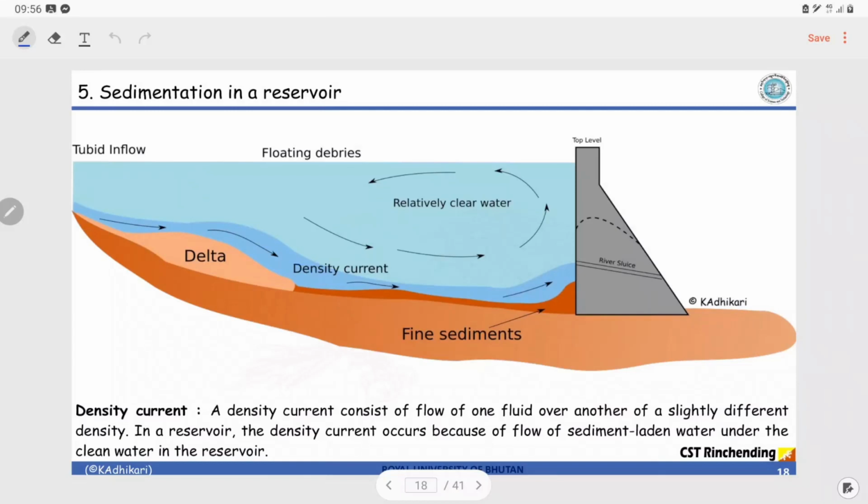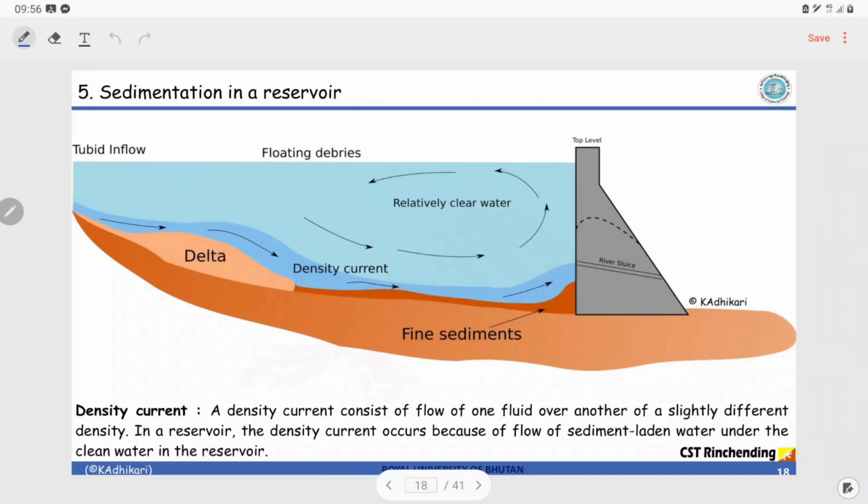Usually it is said that it does not mix well with the water because the particles have some mass, and it always comes to the bottom, flowing along with a little bit of velocity of the water. That is what we call a density current.